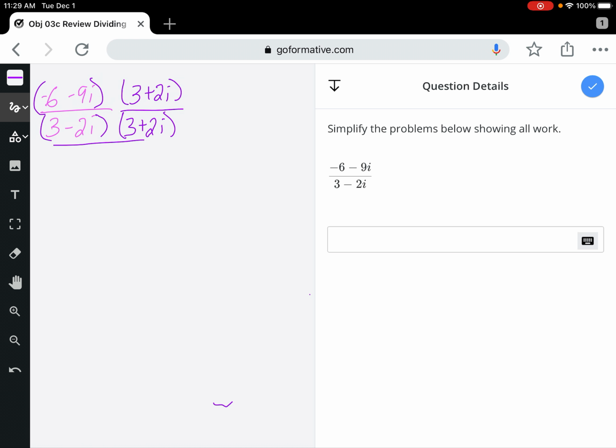I'm going to have a box for the denominator. Okay, so that's going to be 3 minus 2i, 3 plus 2i. So I'm going to do that one first. 9, 6i, negative 6i, and negative 4i squared.